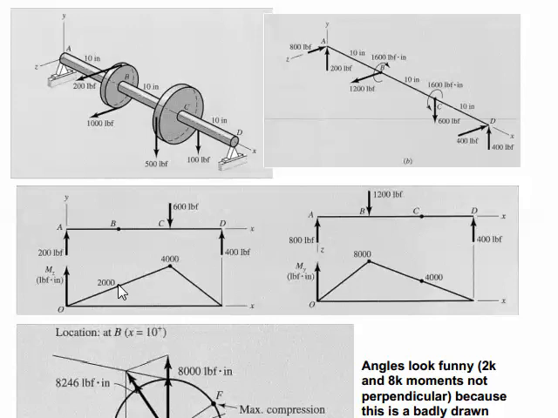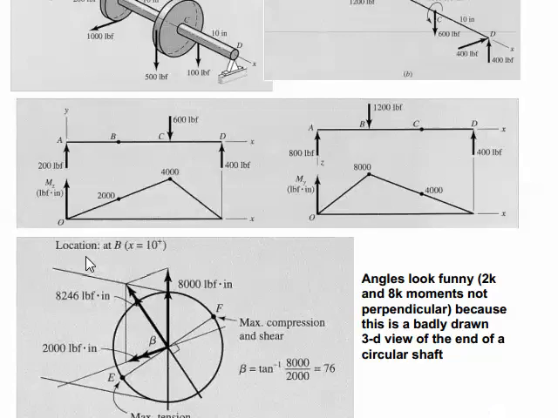The 8,000 combined with the 2,000 is probably worse than this 4,000 combined with that 4,000 at C. So calculating that net moment by Pythagorizing the 8,000 at point B and the 2,000 at point B, we come up with an 8246 inch-pound moment, which is at some angle between the 8,000 direction and the 2,000 direction.